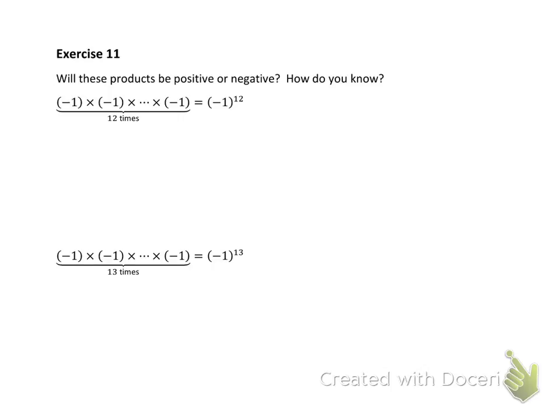You're using what you know about multiplying negative numbers to come up with some ideas about whether products will be positive or negative. And so you're looking for some patterns as well. So let's see how you do with that. Go ahead and pause now and do exercises 11 through 14.